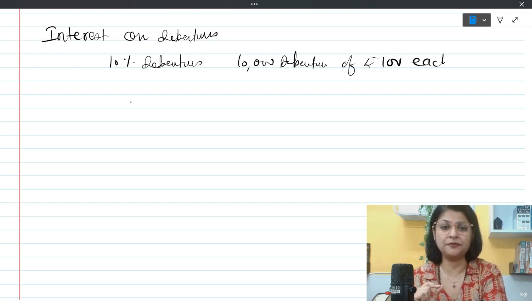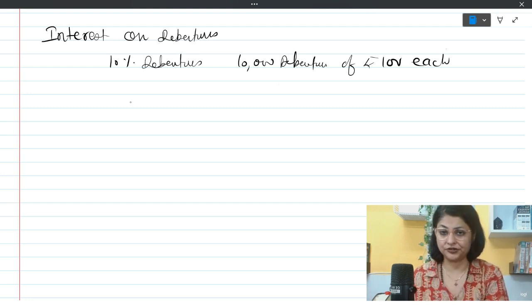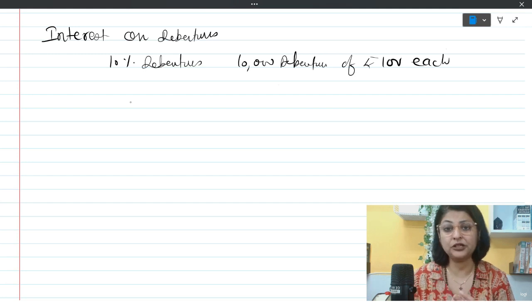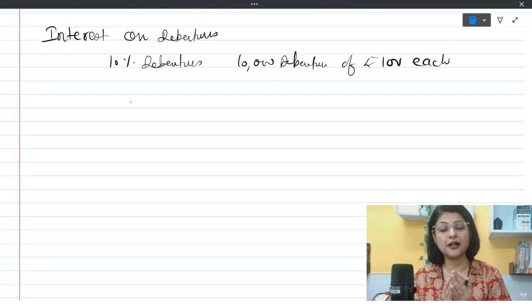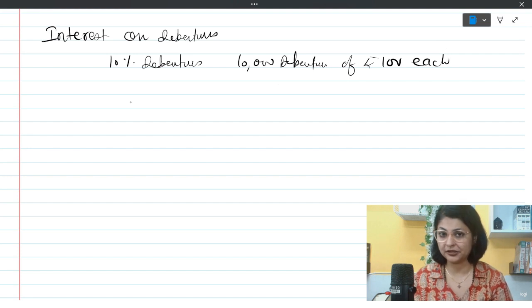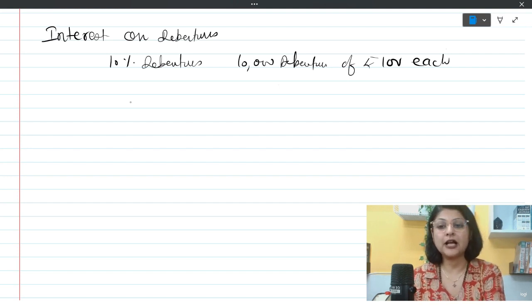This 10%, the prefix of the name of the debenture, is the rate of interest, which is a charge against profit. Charge against profit means whether the company earns profit or not, it has to pay the interest on debenture because it is a permanent liability or a fixed obligation which has to be fulfilled.